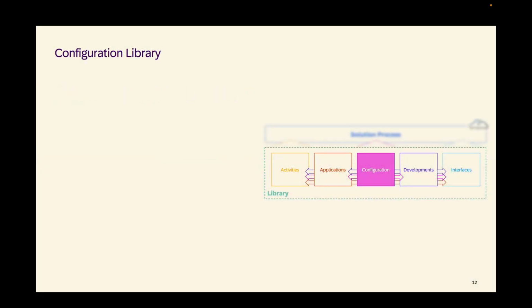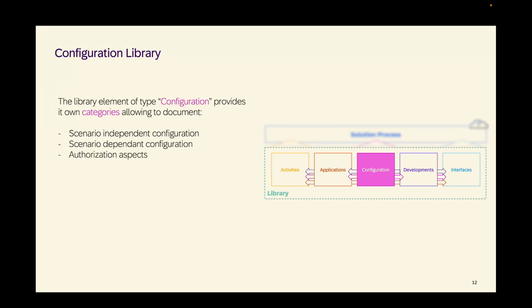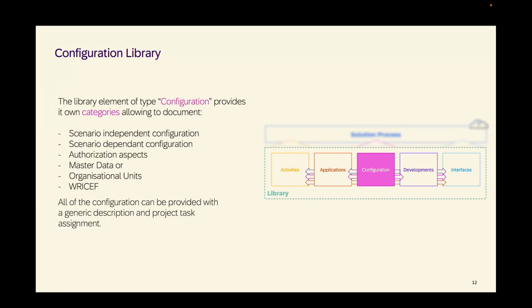Why? Because it can reflect a lot of stuff. Well, if you go into Cloud ALM and create an element of type configuration, you will also be able to select the category of the configuration. And one of the categories could be solution-independent configuration documentation or scenario-dependent configuration.